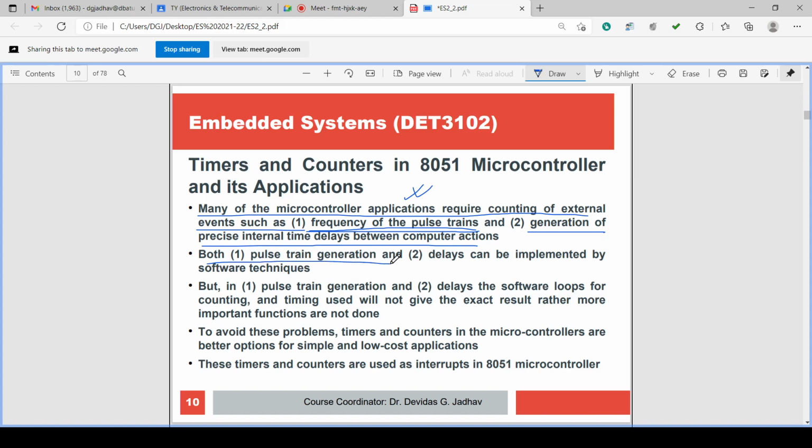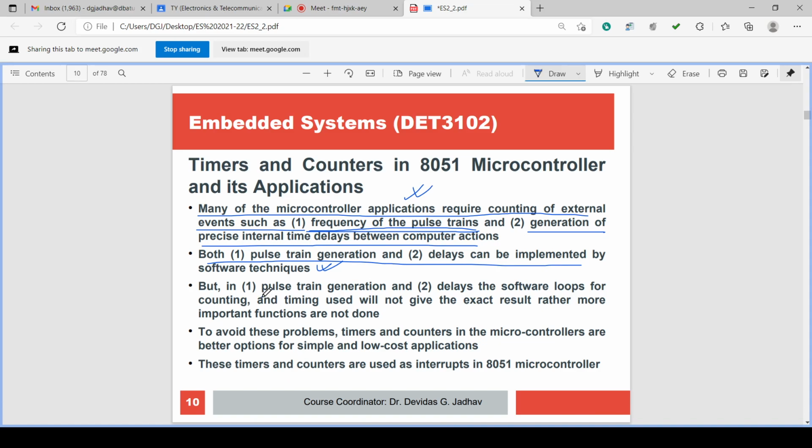Both pulse train generation and delay can be implemented by software techniques, but they can also be implemented without software, using only a hardware technique, the timer system.